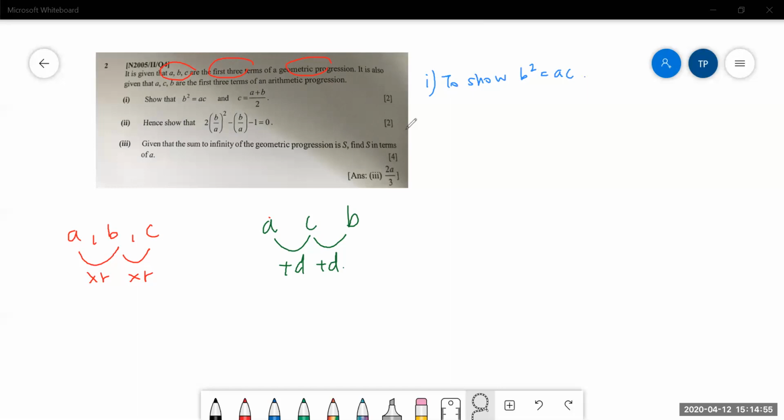Firstly, B over A is equals to R, and C over B is equals to R. So in other words, B over A is equals to C over B.